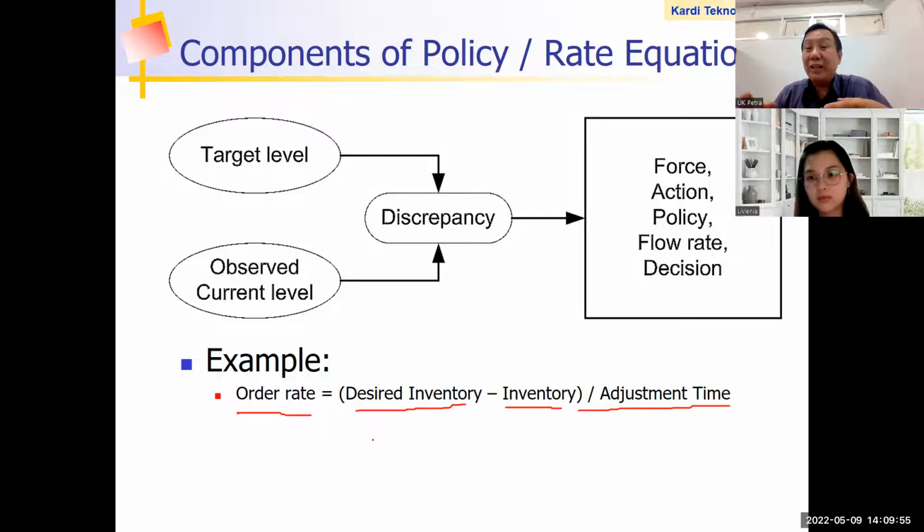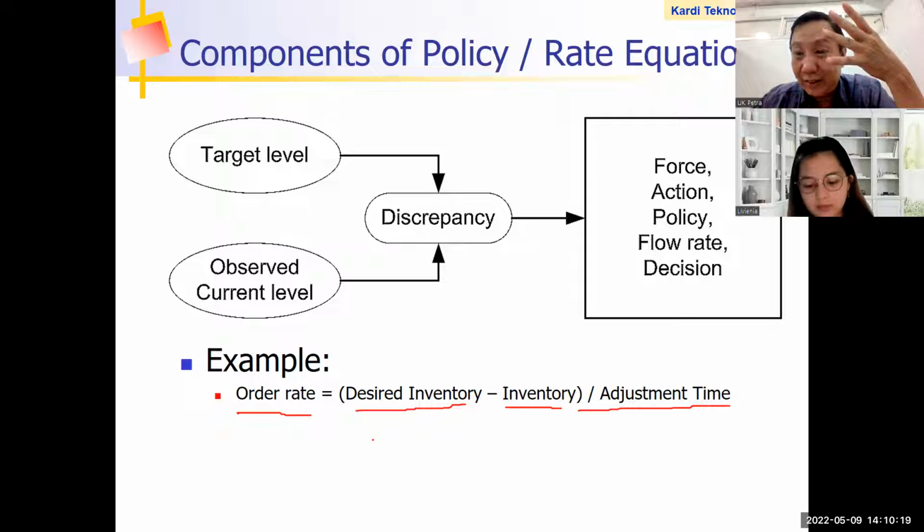So the one that you need to create is actually not the level equation. The one that you need to create is actually the rate equation. So how do you create the rate equation? Easy, four things. This is called component policy.